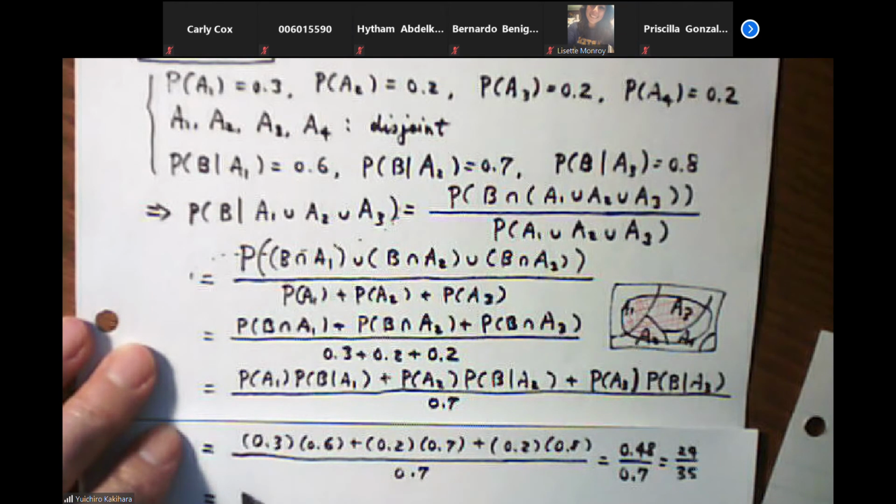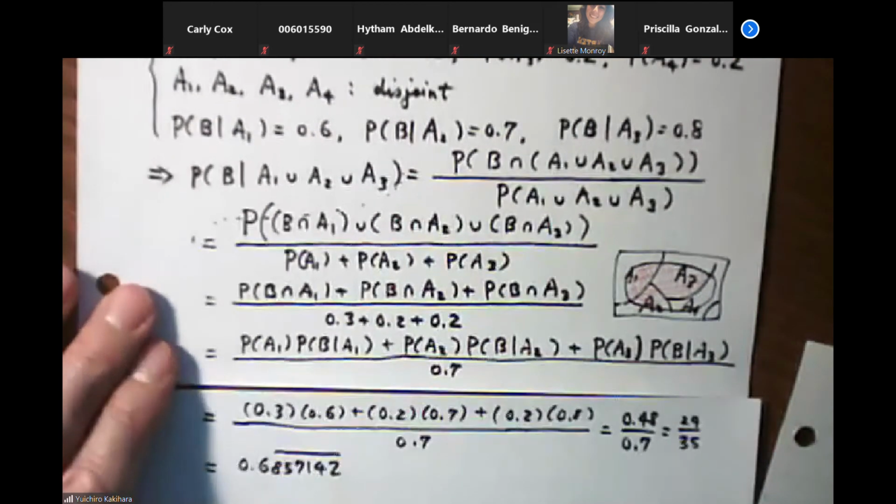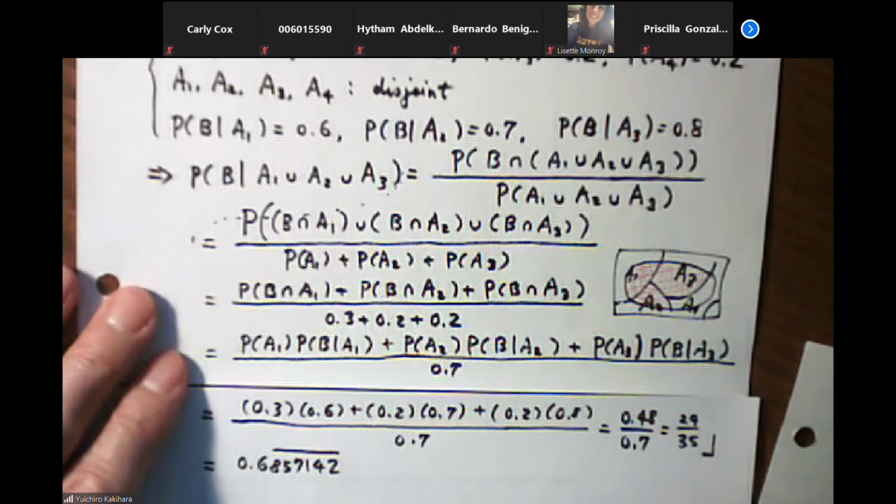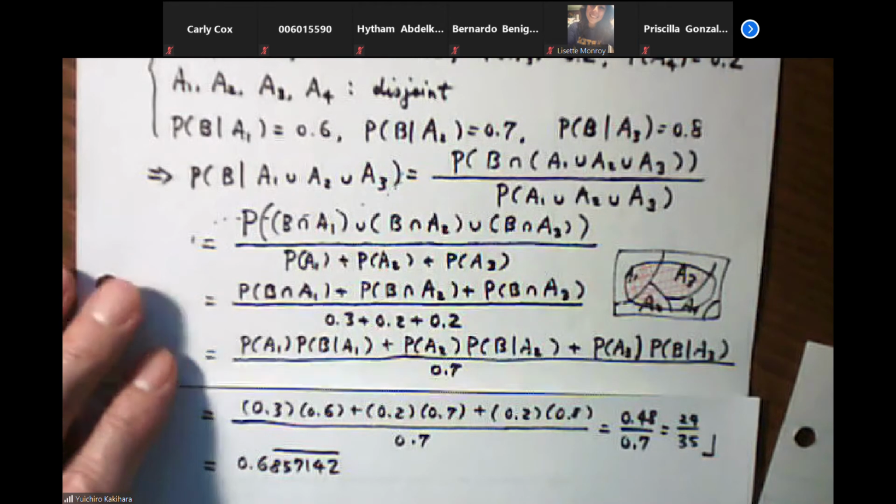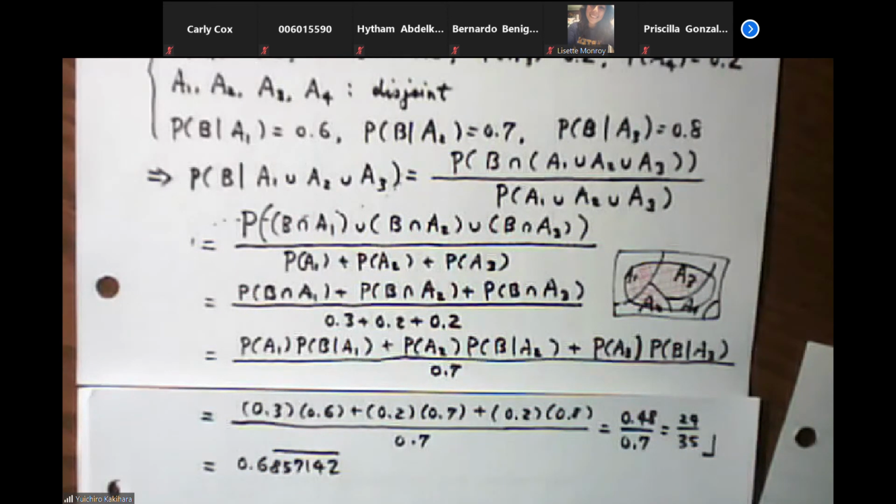If you want, it is 0.6857142, and then this part will repeat. This is the exact answer. I accept this fraction. A fraction is good. So this is how we calculate the conditional probability.